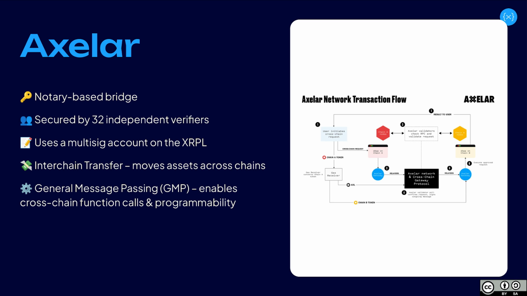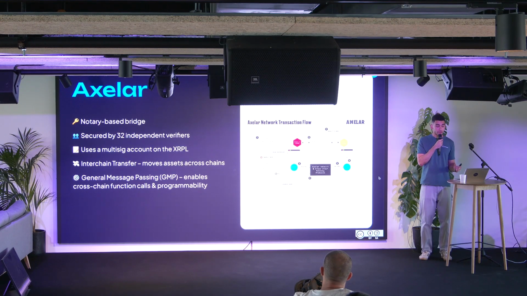They verify the state, whether the transaction has been correctly made on one chain, and they execute the transaction on the other chain when enough validators approve this bridge. On the XRP Ledger, it's represented as a multi-sig account of 32 validators. They have their own keys, and they can approve the transactions.